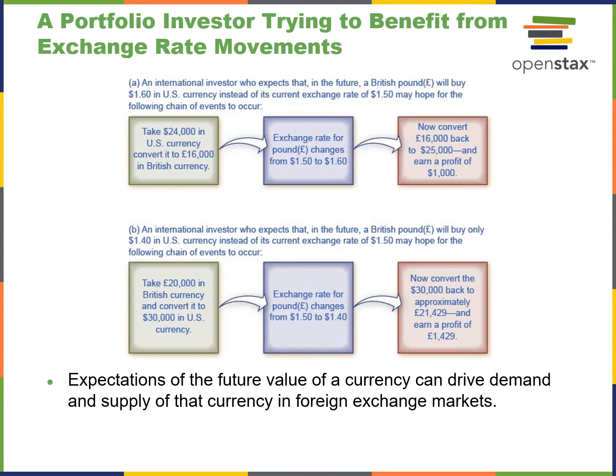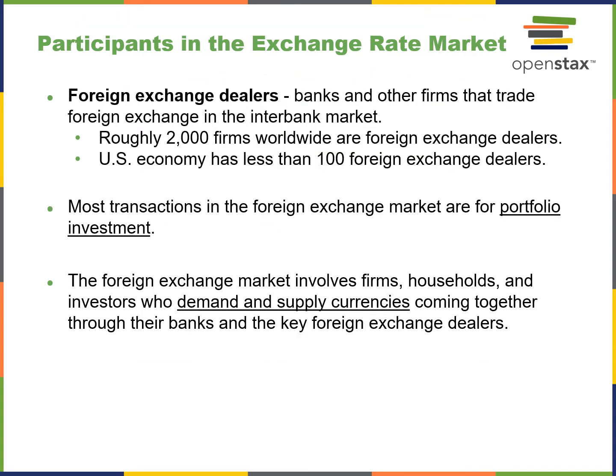And then there's the expectation in the future that, likewise, they can go short. The first position was kind of a long play. A short play means that they're betting that the currency is going to devalue, so that they would be able to make a short play against that currency. Foreign exchange dealers, there are roughly about 2,000 firms.